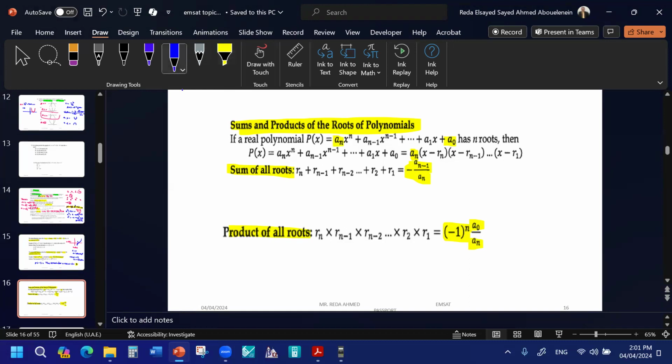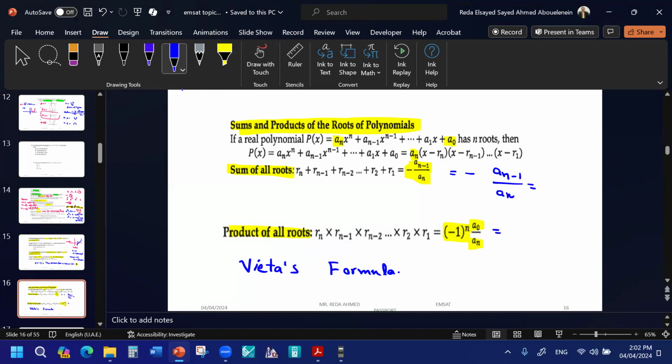This formula is called the Vieta formula. The Vieta formula tells us the sum of the roots of any polynomial is negative an minus 1 over an. This is the sum of the roots.